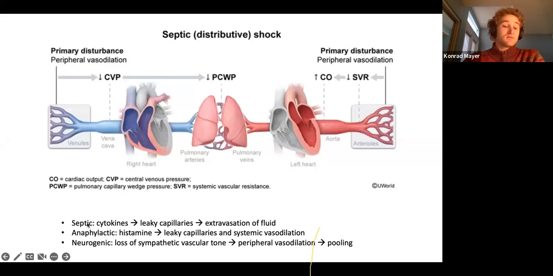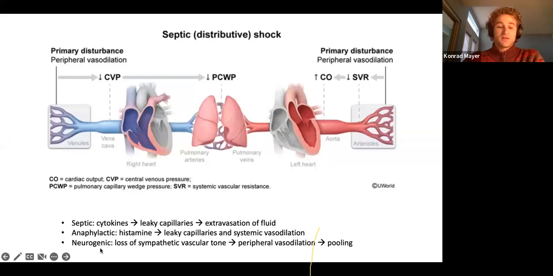So what happens in sepsis? In sepsis, there's bacteria in the blood, for example, and the body is overwhelmed with cytokines, and this causes leaky capillaries and extravasation of fluid. In anaphylactic shock, it's not cytokines, it's the histamine from the mast cells, which causes leaky capillaries and systemic vasodilation.